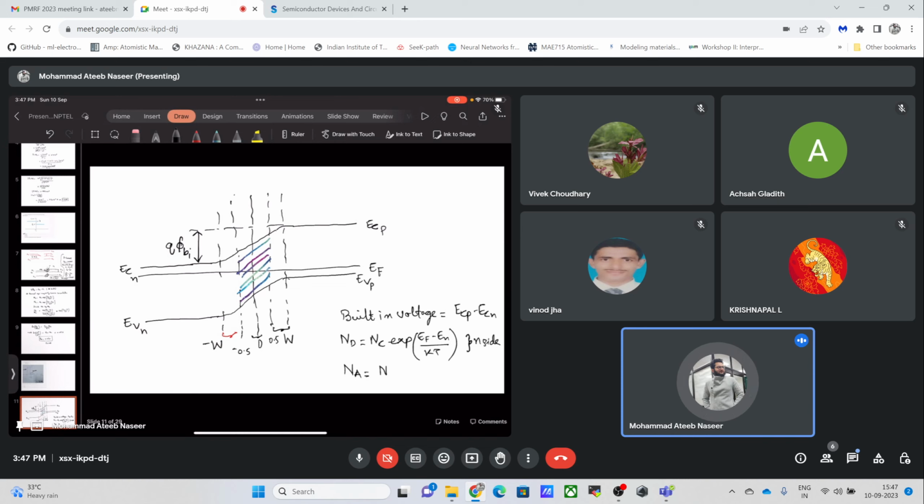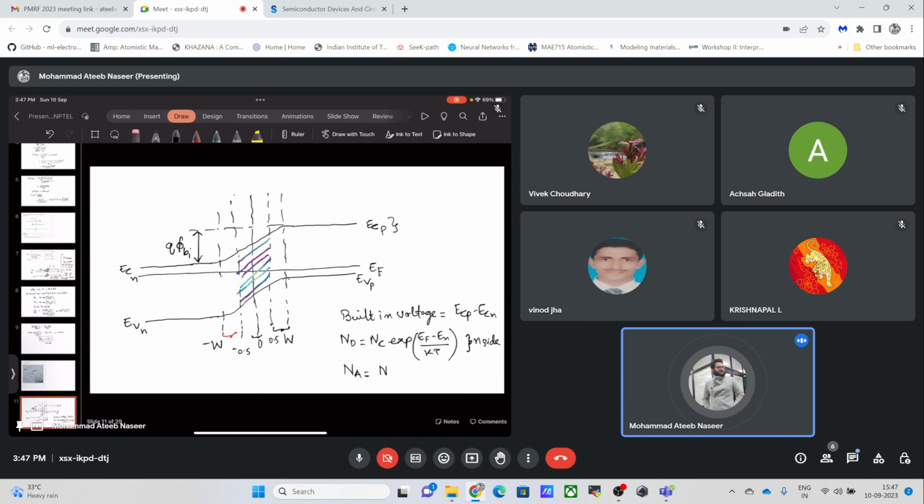Let me write it in another way. Since I have to look for the conduction band, I need to have it in terms of the conduction band edge of the P side. So I will write this down.